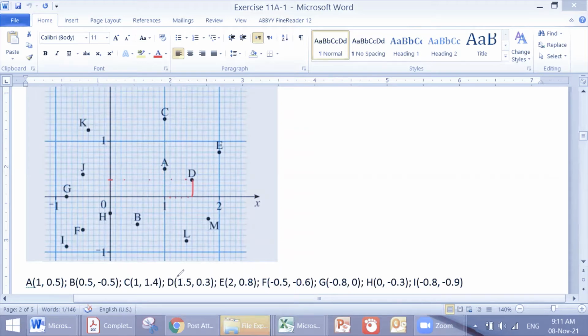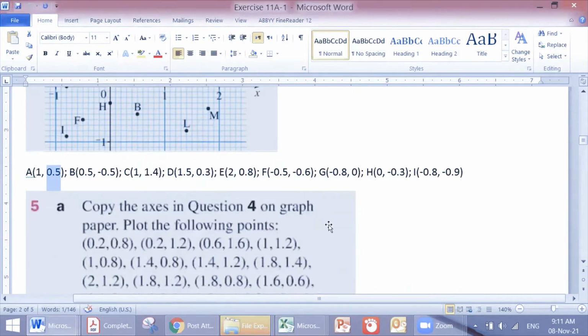So its coordinate will be 1.5 and 0.3. Okay. This value is 1.5 and this value is 0.3. So I hope you understand how to find these coordinates.